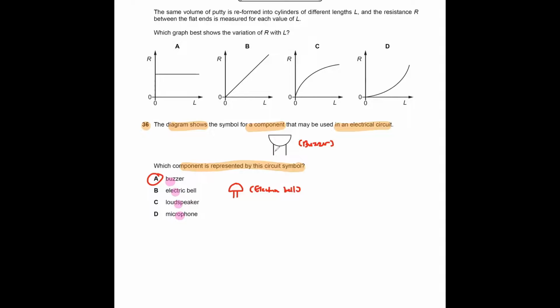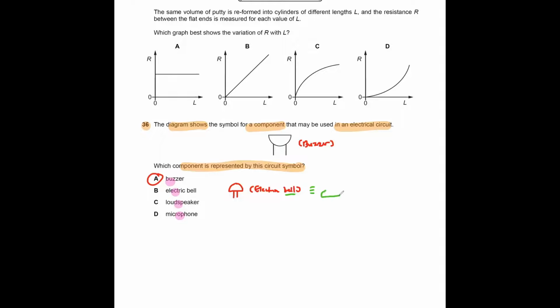Okay, an easy way to remember which one is going to be buzzer and which one is going to be electric bell, because you see the symbols look similar, right? The only difference is that this one seems to be pointing down, this one seems to be pointing up, right? So the best way I can remember which one is buzzer and which is electric bell is that since I remember that this is a bell, I try to visualize the shape of a bell.